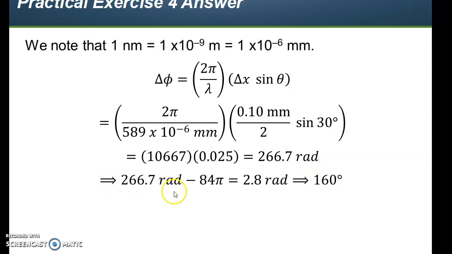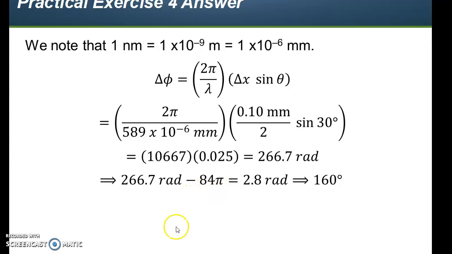Now, there are 6.283 radians per complete cycle, right? So if you divide this by 6.283, the whole integer you're going to get is going to be 42.